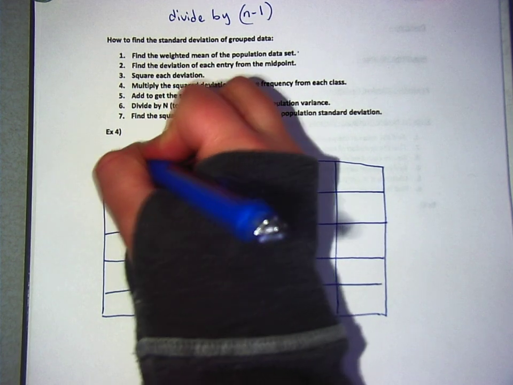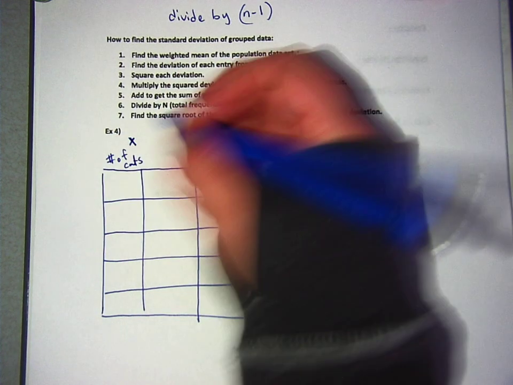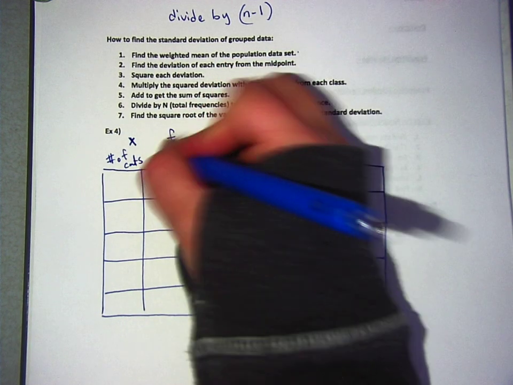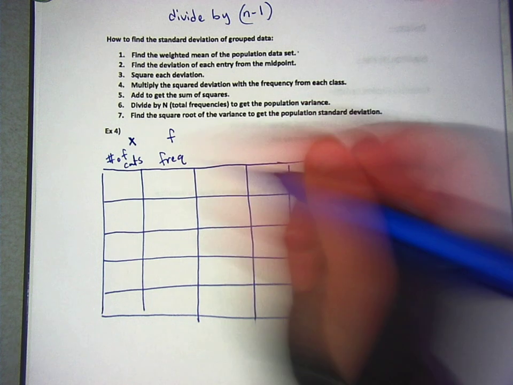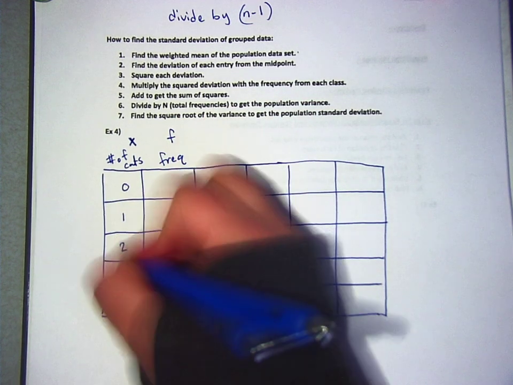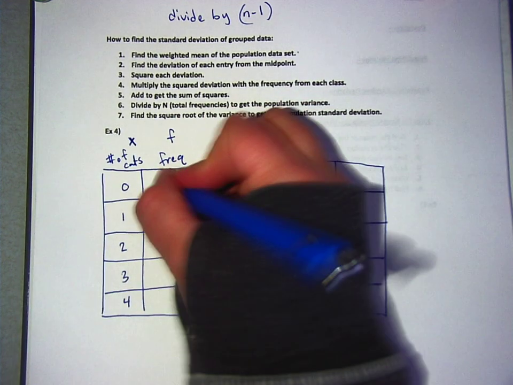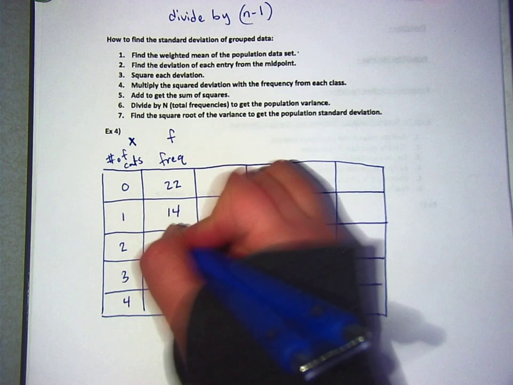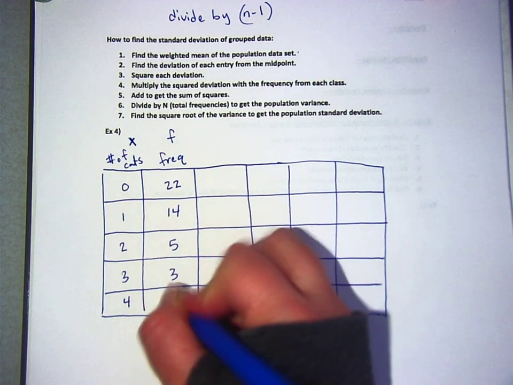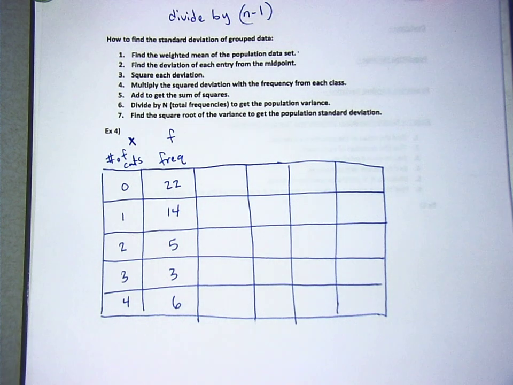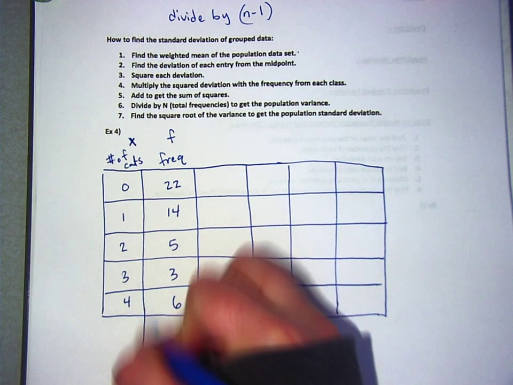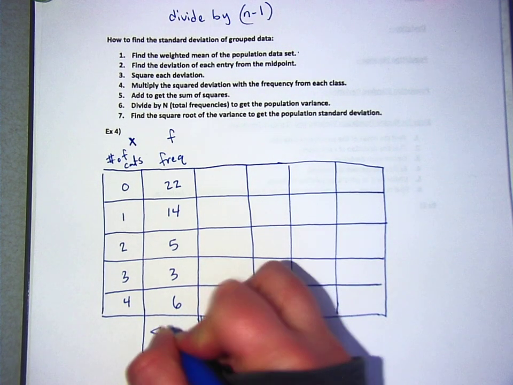We're going to use that data that Nathan made up. As a reminder, this was 50 data points.